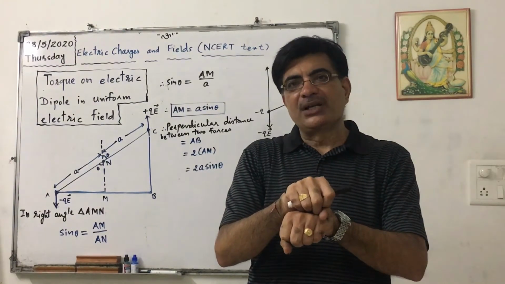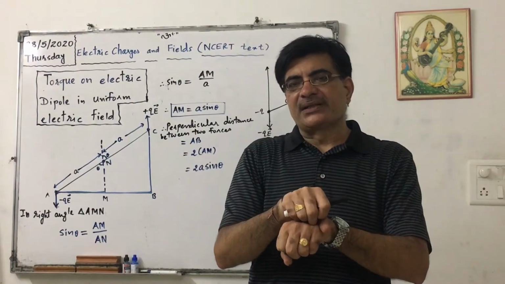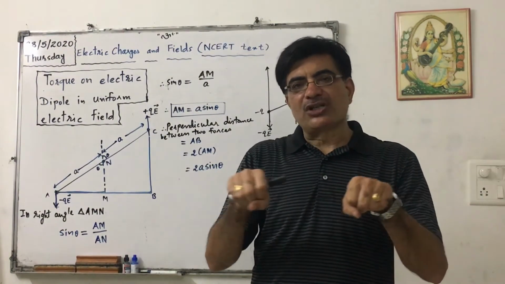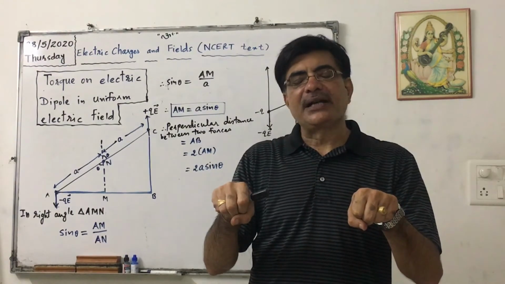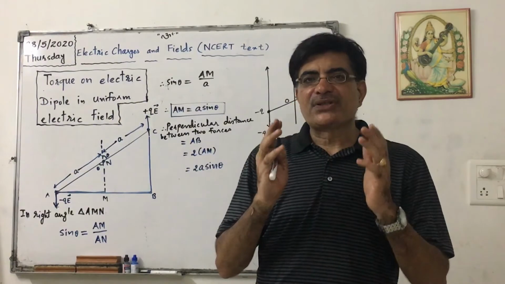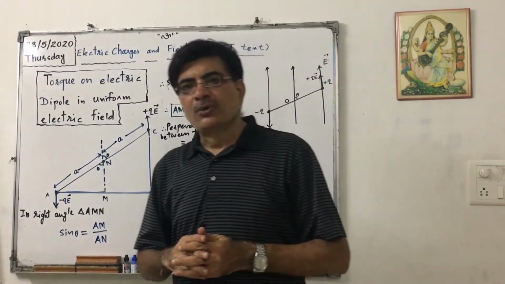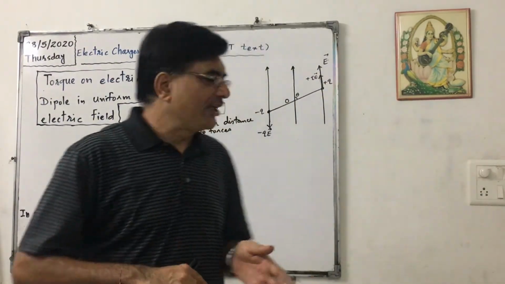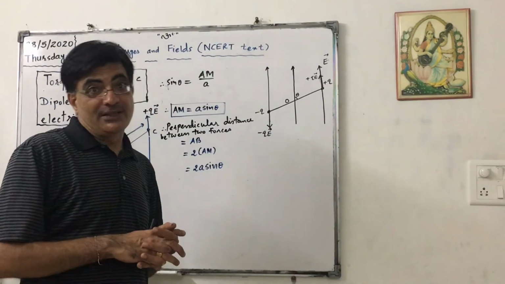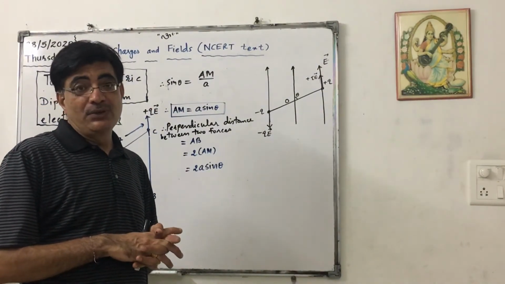But polar means the centers of positive charge and negative charge are somewhat apart, so it has electric dipole moment. For example, HCl. Now if such polar molecules are placed in uniform electric field, what will happen? They will rotate. That we have to prove.